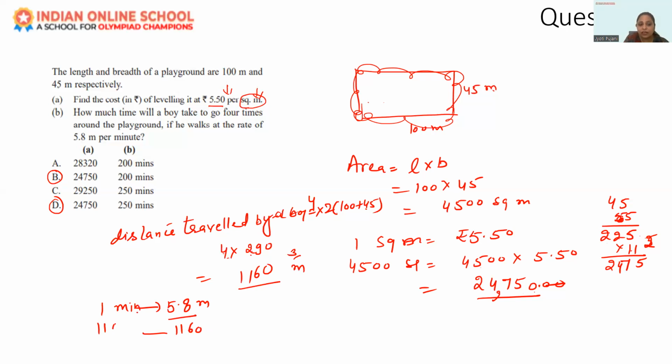So I will divide 1160 by 5.8. Fine, everyone. I will remove this decimal and put 58 above here, and get 200. It means he will take 200 minutes to cover it. Understand? So 200, it means option B will be your answer.